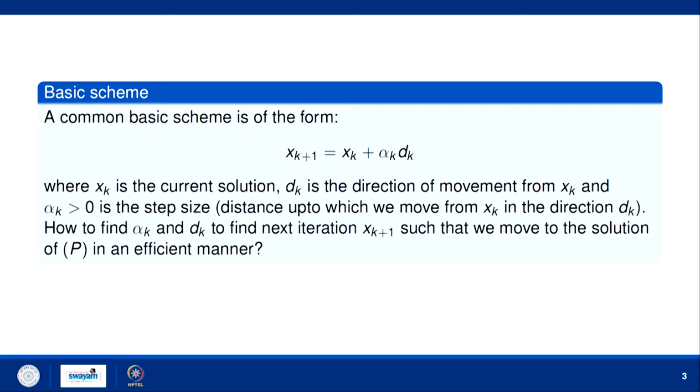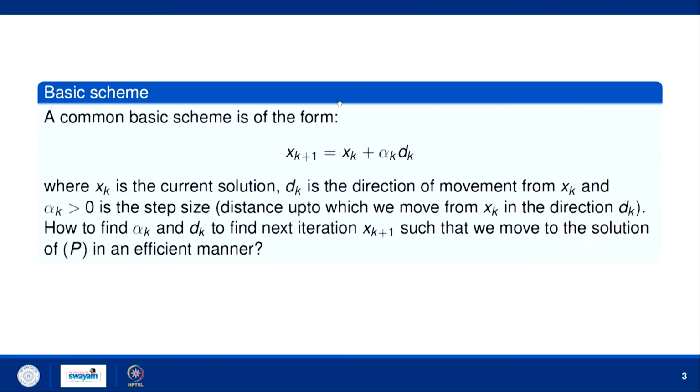So, what is the basic scheme? The basic scheme of any numerical algorithm is, we have a current point x k and a direction d k. Say if you have a point x k, from this x k there are infinite directions, in which direction we should move. That direction is basically d k, the optimal direction.